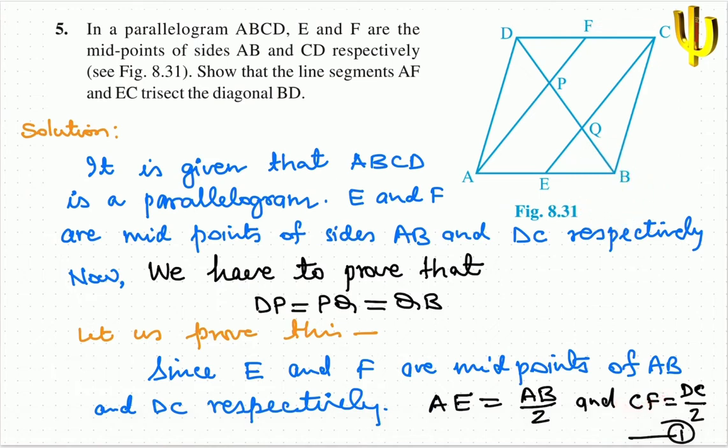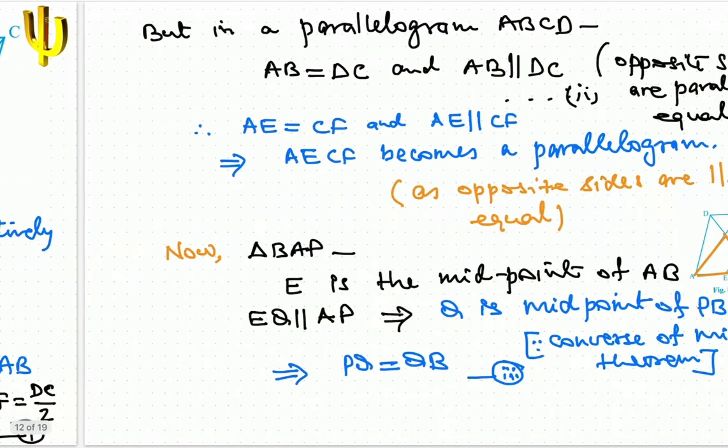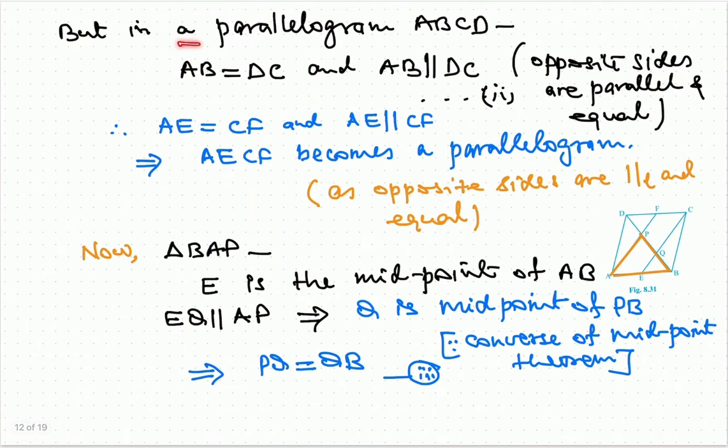Now in a parallelogram ABCD, AB is parallel to DC, and AB is equal to DC, because in a parallelogram opposite sides are equal and parallel to each other.